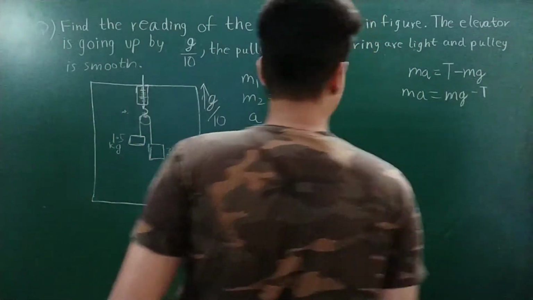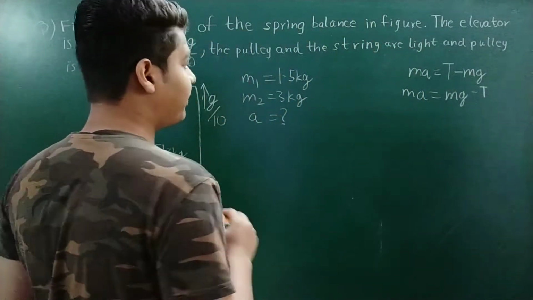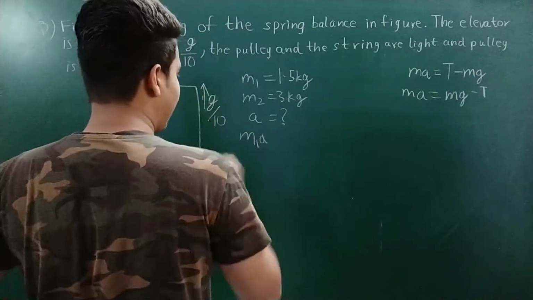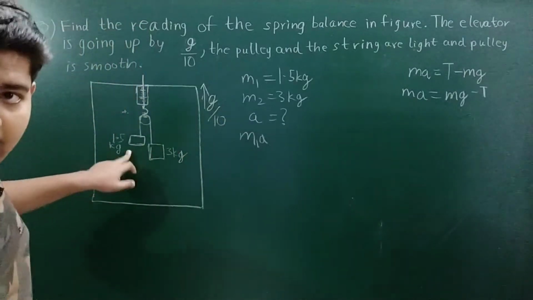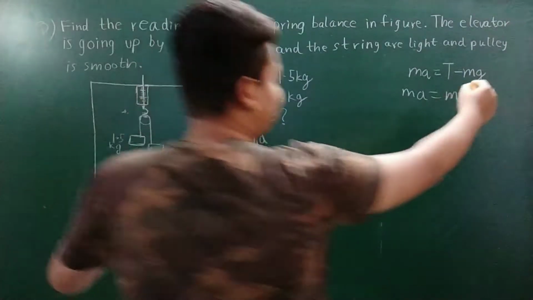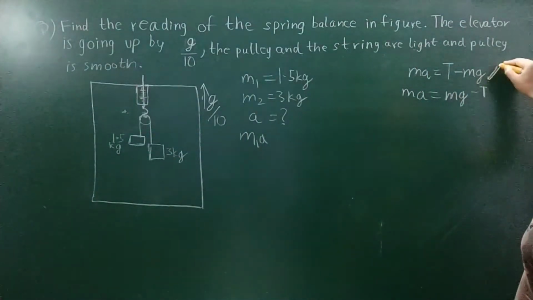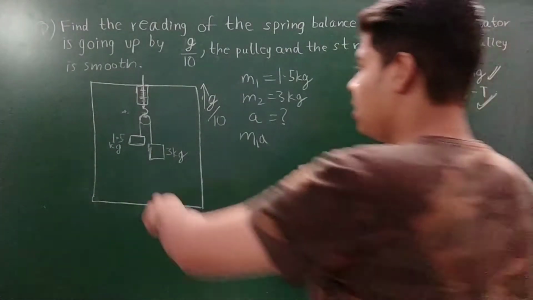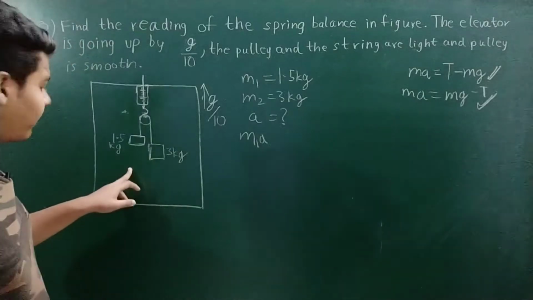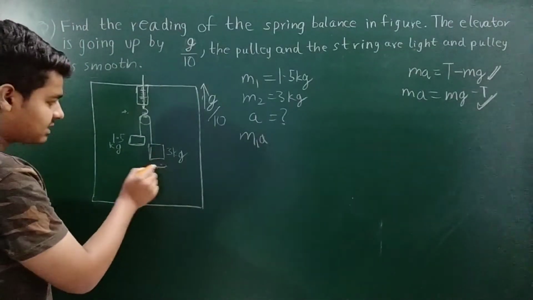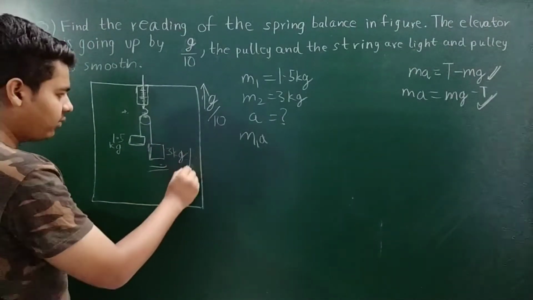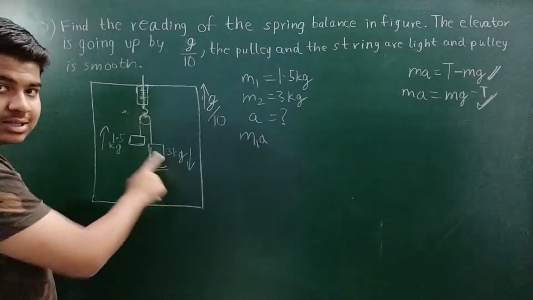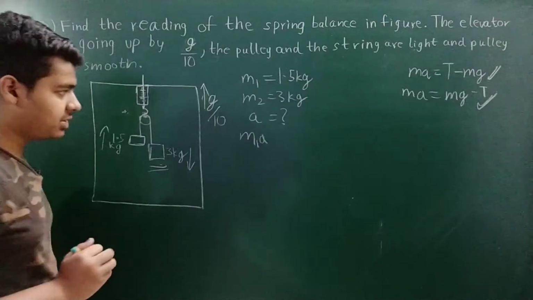So for m1a, that is 1.5 into a, this will go up. This is the time when the body is going up, and this is the time when the body is traveling down. The 3 kg will go down and the 1.5 kg will go up, because the 3 kg is heavier than the 1.5 kg block.